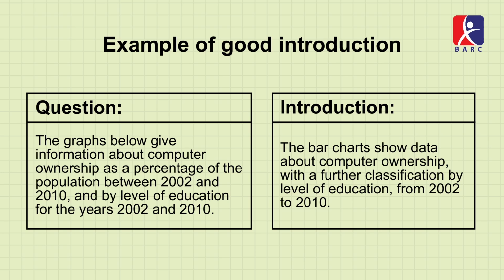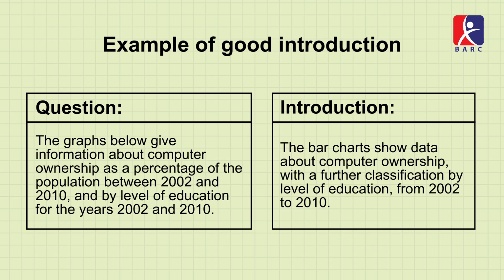The graph is actually a bar graph, so you write the bar chart. If there are 2-3 charts, you write the bar charts show data about computer ownership with a further classification by level of education from 2002 to 2010. So this can be your introduction.